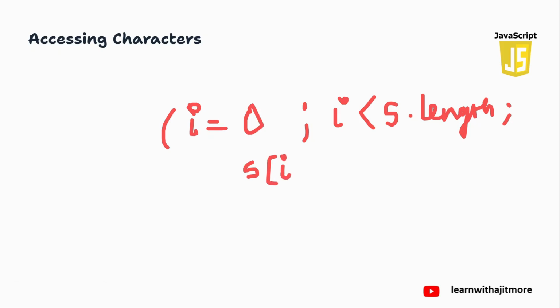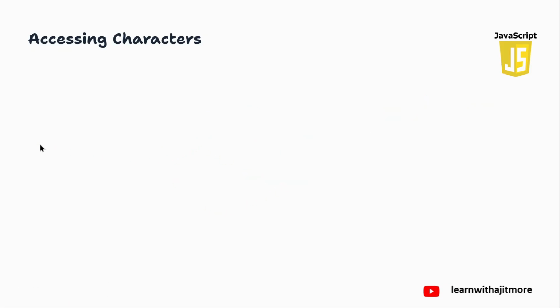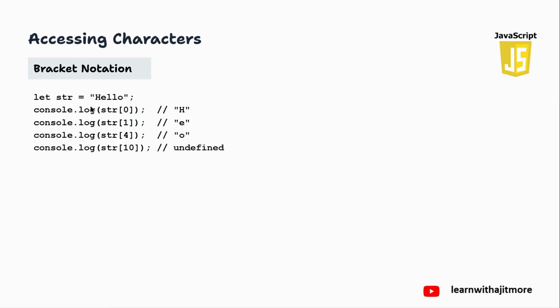It will give you character at the ith position. तो कितने सारे वेज है, एक एक करके कैरेक्टर्स को एक्सेस करने के लिए. एक तो अपना ब्रैकेट नोटेशन है, दैट इज स्क्वायर नोटेशन। सी लेट str इक्वल टू हेलो लिखा है, str of 0 is h, str of 1 is e, str of 4 is o, 0 1 2 3 4. एंड इफ यू गो बियॉन्ड द लिमिट, लिमिट के बाहर चले गए तो अनडिफाइंड आता है. कुछ एरर नहीं आएगा, it will just give you undefined.